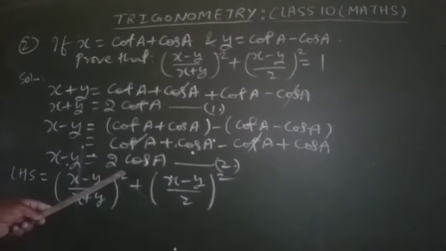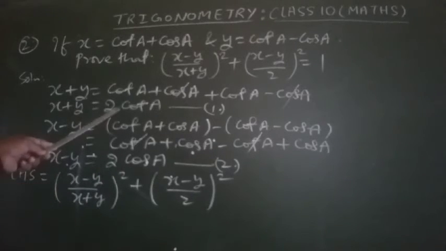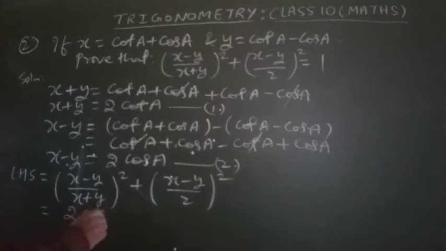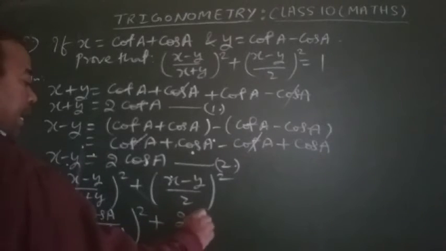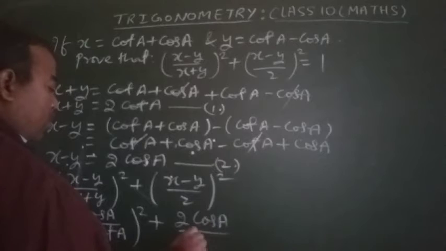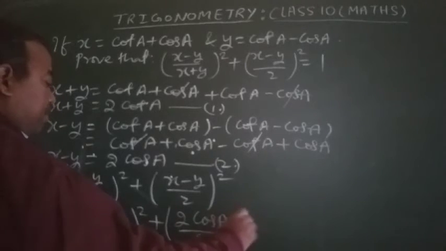So x minus y is 2 cos A and x plus y is 2 cot A. So we just put here (2 cos A by 2 cot A) whole square plus (2 cos A by 2) whole square.